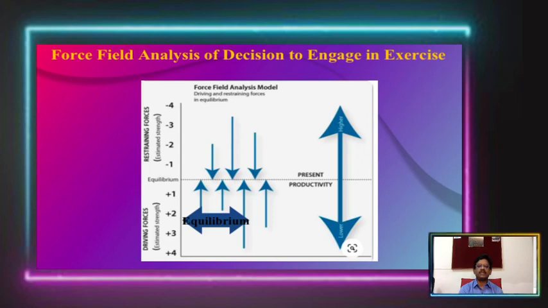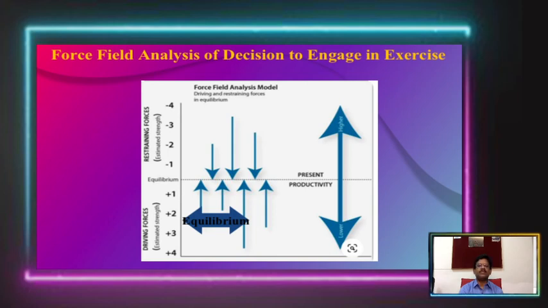The negative forces are demotivating and work against the employees' productivity, and the positive forces are encouraging and motivating, so employees get a lot of support from these factors. When these two forces meet, the meeting point is called equilibrium, and that point reflects the productivity level of the organization.